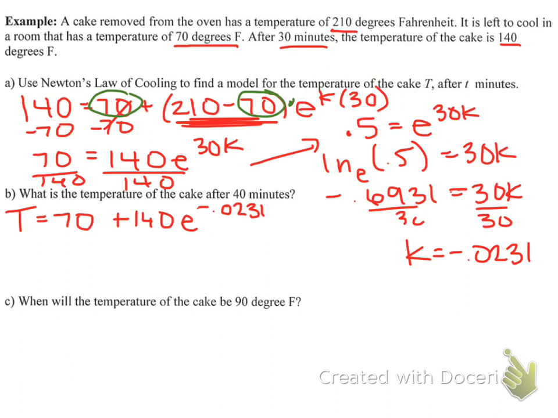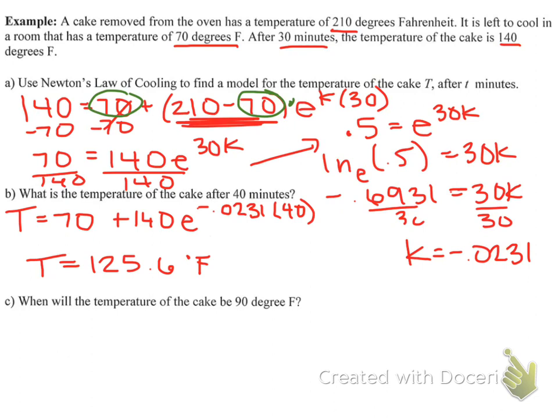Our time is now 40, so I'm going to plug in 40. Notice no solving is required. It's all calculator work, so you just type it exactly as you see it. And the temperature we get is 125.6 degrees Fahrenheit after 40 minutes.